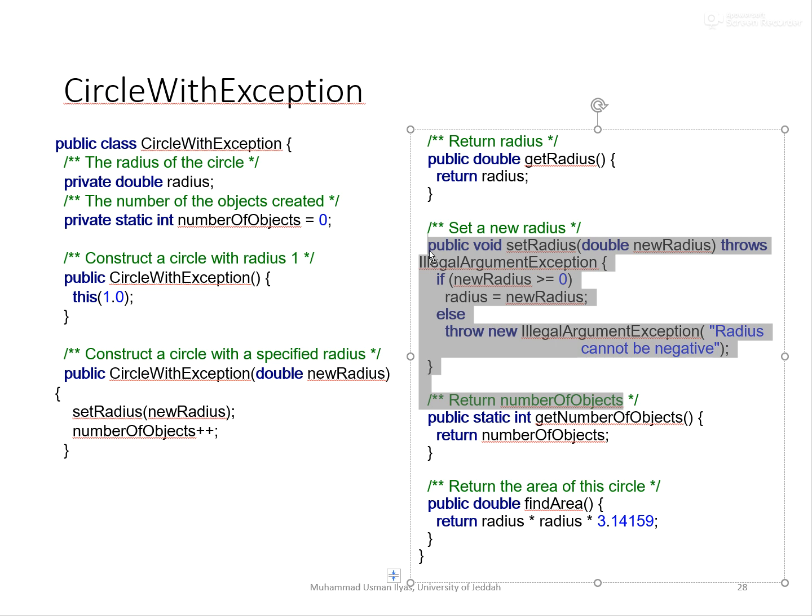We're using exceptions inside the setRadius method. Now, obviously, a circle has a radius. A radius has to be greater than 0. A circle certainly cannot have a negative radius, and a radius of 0 is almost just as meaningless.